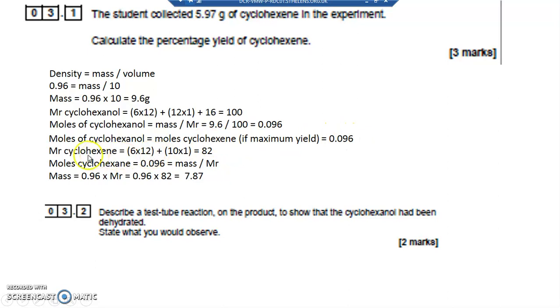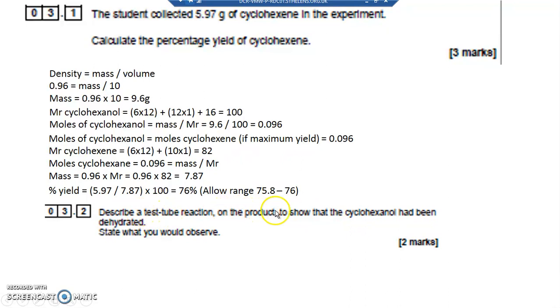The Mr of cyclohexene I can work out as 82, so moles is mass divided by Mr, so 0.096 equals mass divided by 82. 82 multiplied by 0.096 tells me that I should make 7.87 grams of cyclohexene. I make 5.97 grams of cyclohexene, so I divide 5.97 by 7.87 and it'll give me 76%. They're allowing somewhere between 75.8 and 76%.